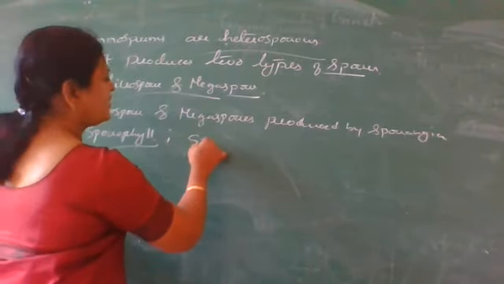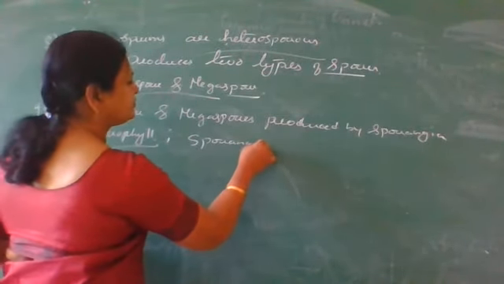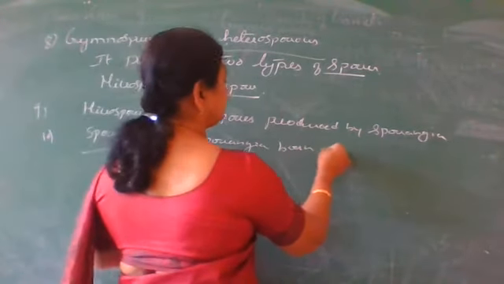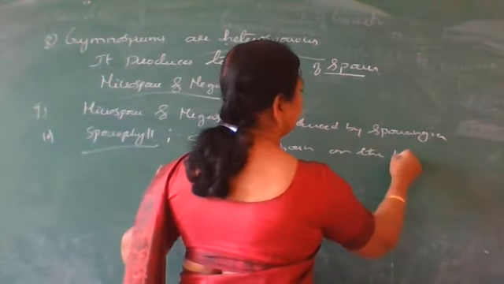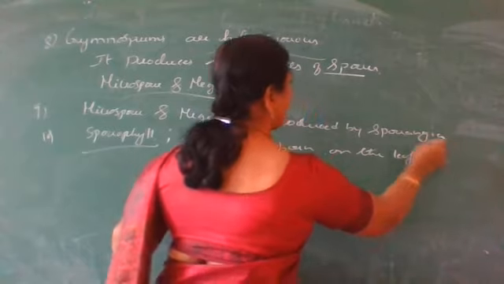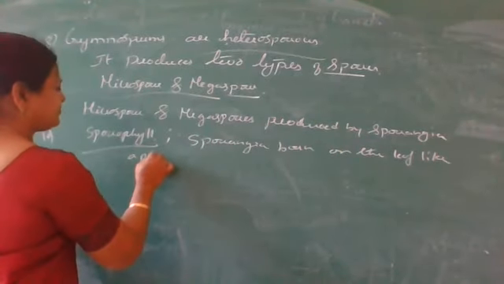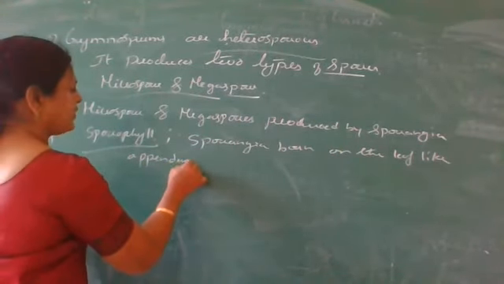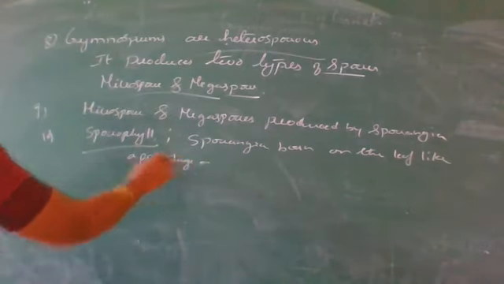So sporangia are borne on the leaf-like appendage called sporophyll.